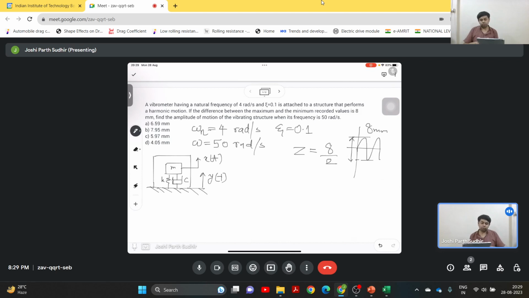Therefore the amplitude will be half of that, so 4 mm.